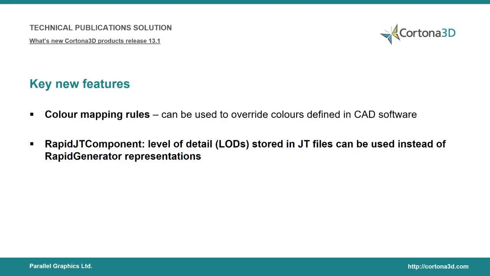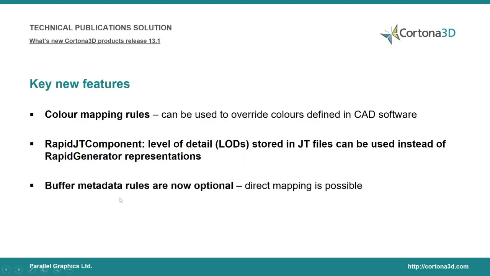This can be used if you need to use those specific loads that are stored in JT files, or if you would like to improve the time it takes to import. Sometimes, but not always, this feature may reduce the time it takes to import JT files, but it depends on the specific data model.